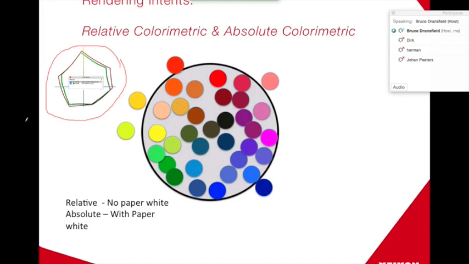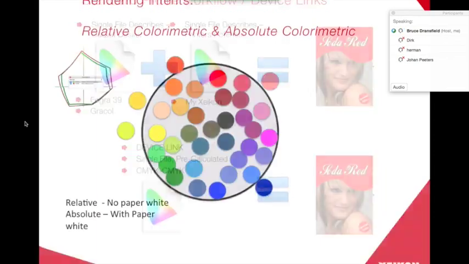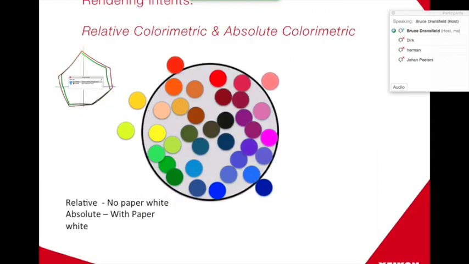Within relative colorimetrics, the colours which can be achieved are accurately maintained. So if we look at the moving diagram, the colours which are inside the circle don't move. They are as accurately as possible rendered.